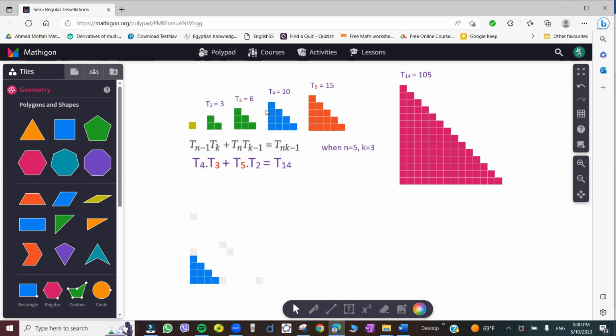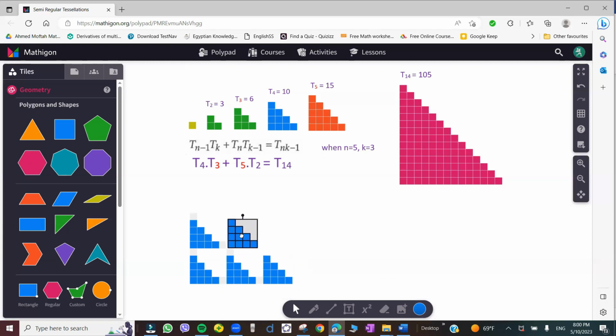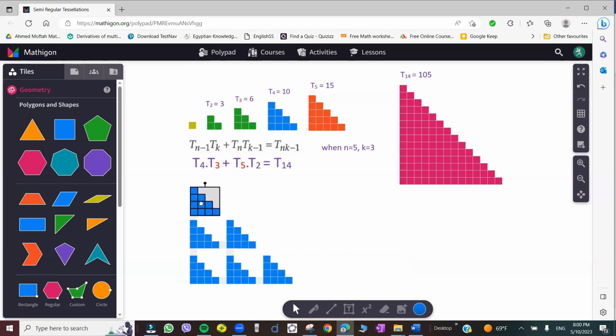We can make another copy. We want to make 6 times: second time, third time, fourth time, five, and 6.